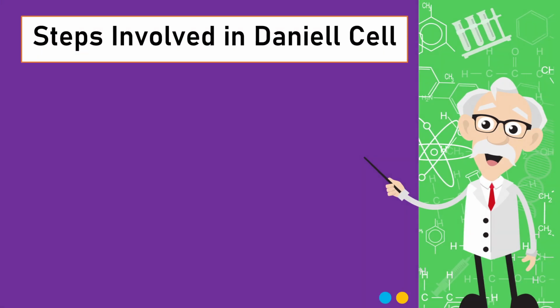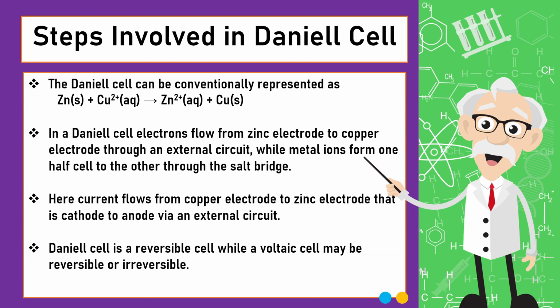Now, steps involved in the Daniell cell. These are the steps that are involved in the Daniell cell. The Daniell cell can be conventionally represented by the following reaction: zinc plus Cu2+ ion, in aqueous form, gives us Zn2+ ion plus copper.